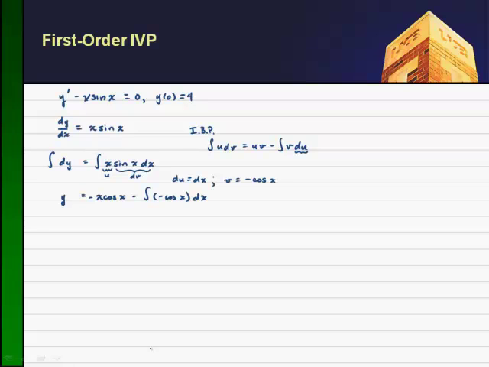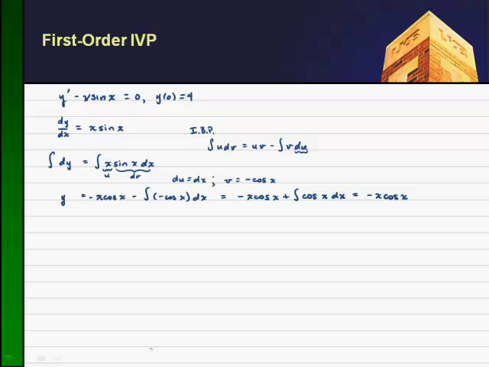So if I have a minus and a minus sign here, I could write this as minus x cosine x plus the integral of the cosine of x dx. And if I integrate the cosine, it brings me back to the sine.